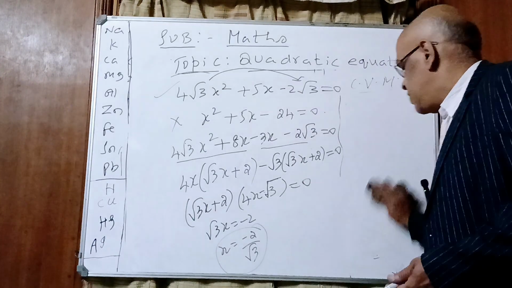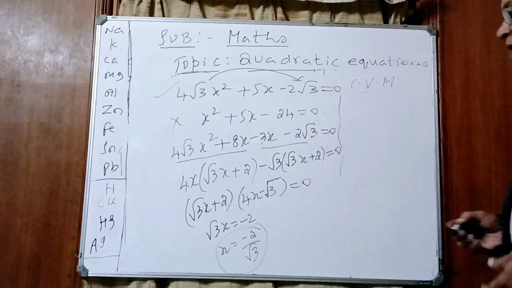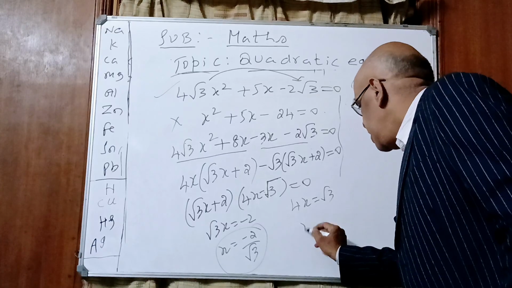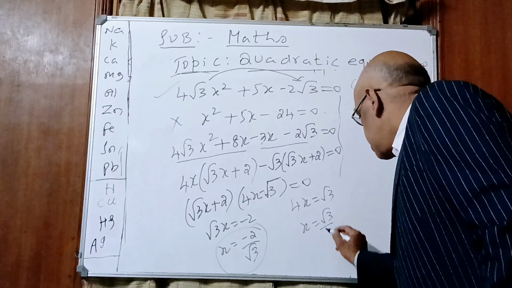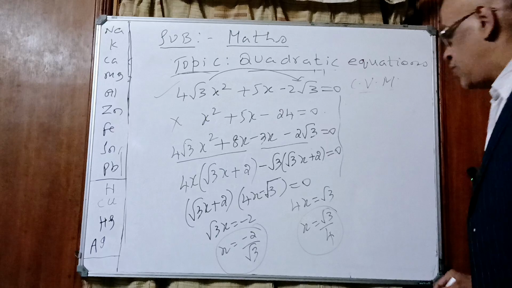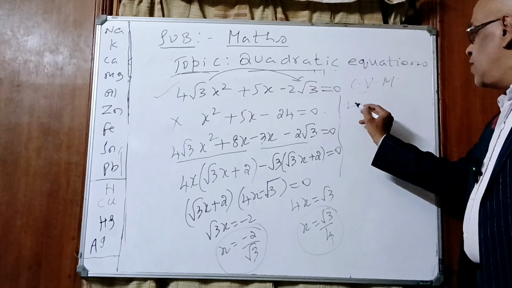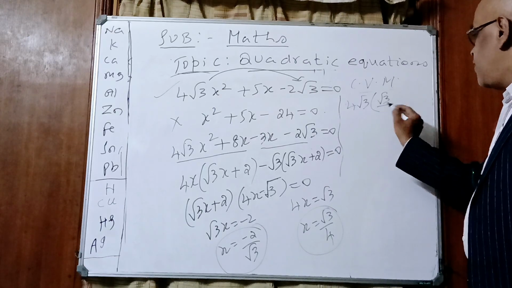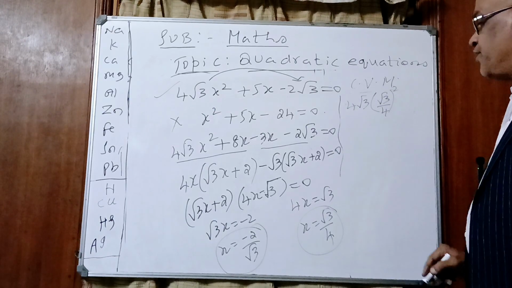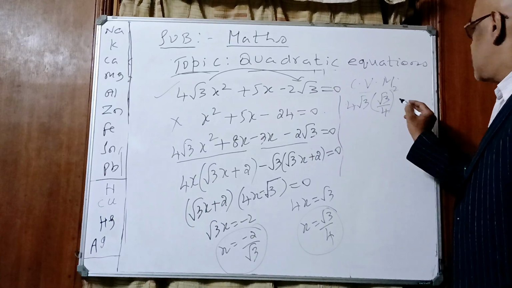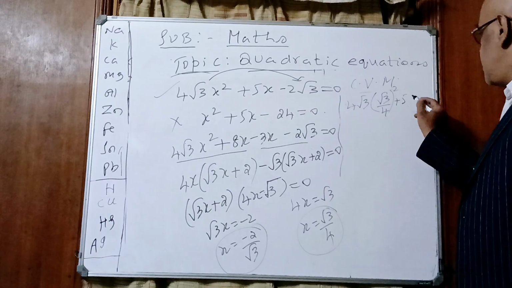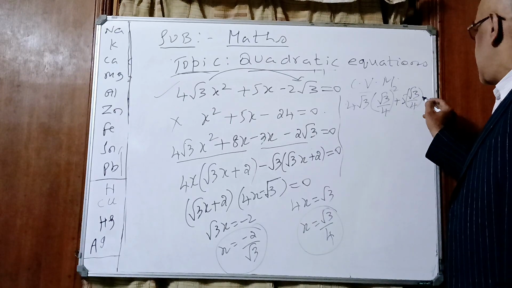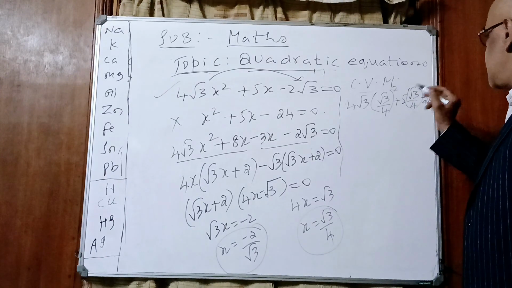Now come here, children. What is the second one? 4x is equal to root 3, so x is equal to root 3 by 4. Again we will check. 4 root 3 into root 3 by 4 whole square, plus 5 into root 3 by 4 minus 2 root 3.